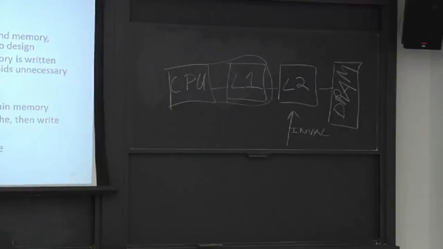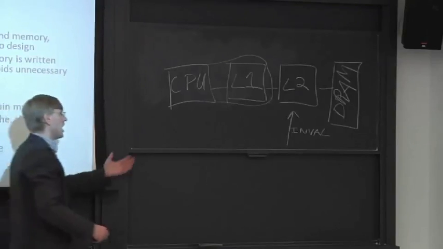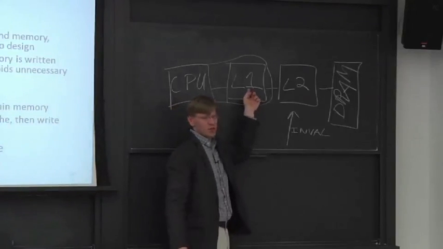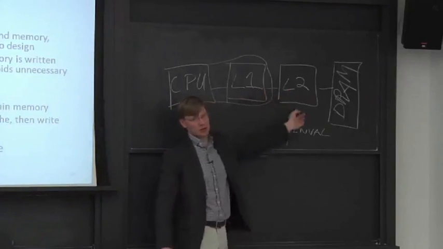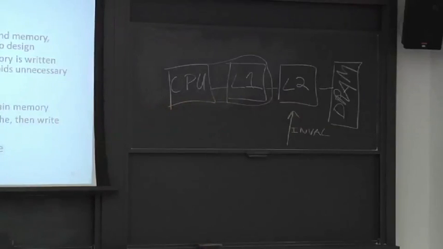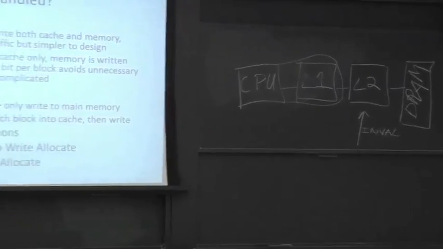Like it's in your main pipeline, and you have to sort of bubble the pipe somehow or have a structural hazard for any invalidation that comes into that L1 cache. So typically, a lot of times people consider write-through caches, at least from the L1 to the L2. But you definitely will save bandwidth for an L2 out to DRAM if you don't do write-through every time.